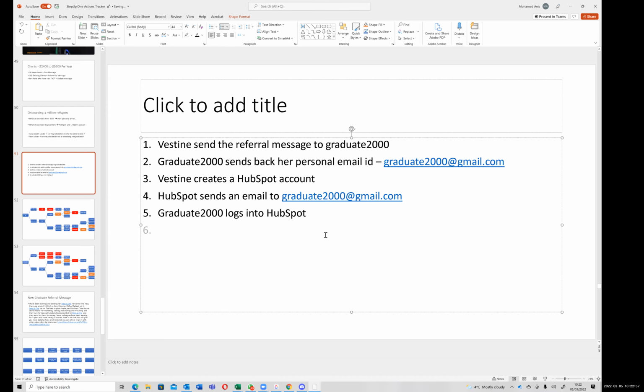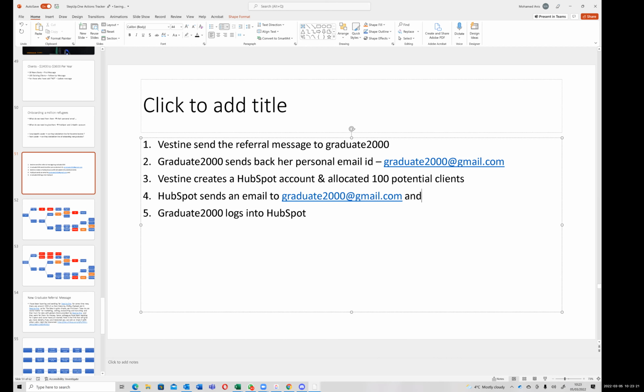So they log into HubSpot. They are so new, and what I'm thinking is that Vestine, when she creates the HubSpot account, also allocates 100 potential clients.